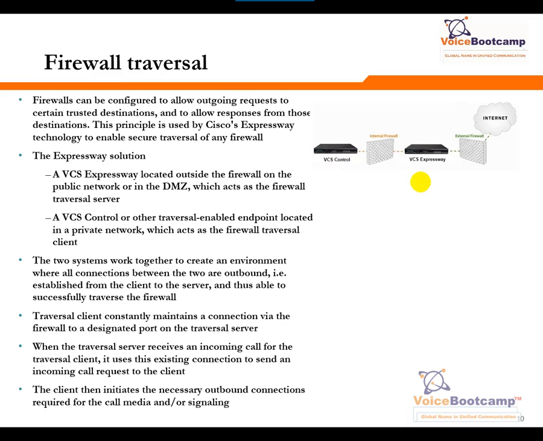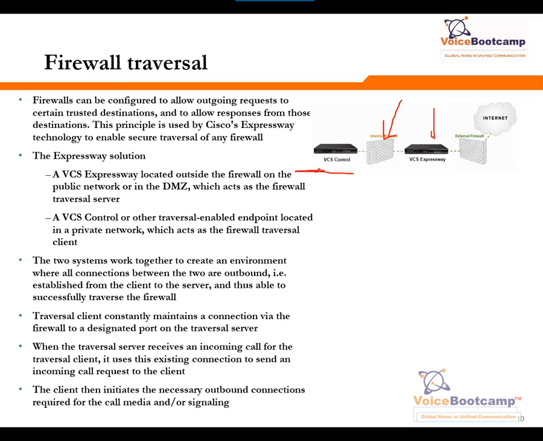The Expressway Edge solution is located outside the internal firewall, on a public or DMZ network. The VCS Control or traversal-enabled endpoint is located on the private side, and acts as a traversal client.